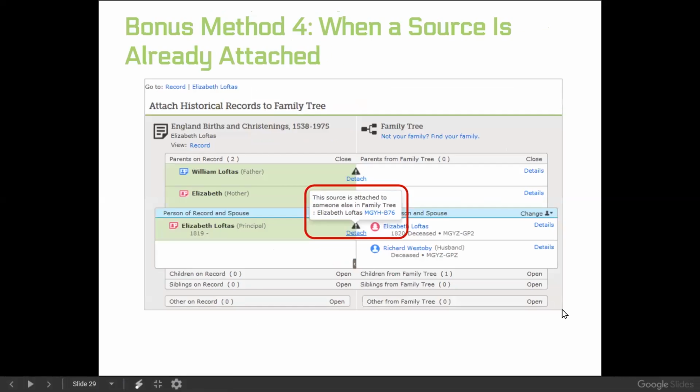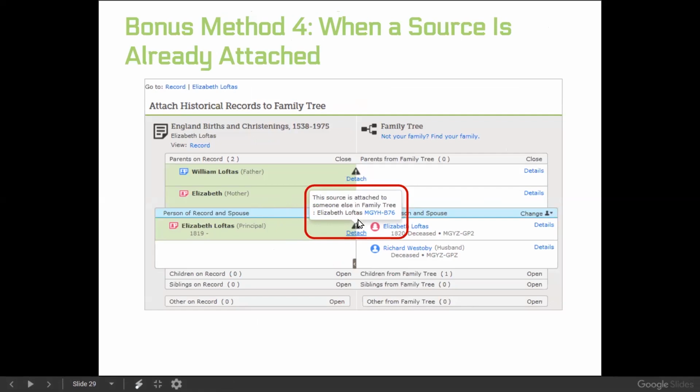Bonus method number 4 is when you're trying to attach a source to somebody and you see that on the other relatives, it's already attached to somebody else. I was trying to attach a record, I think to the mom, but it showed that the source was already attached to a different child and a different father.